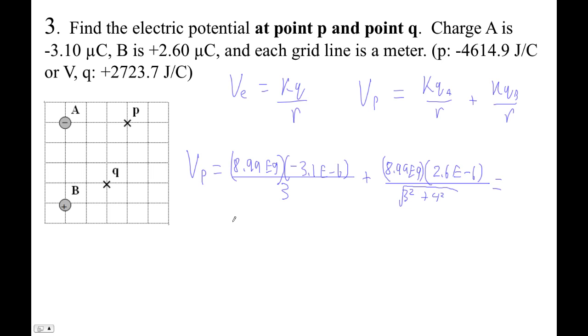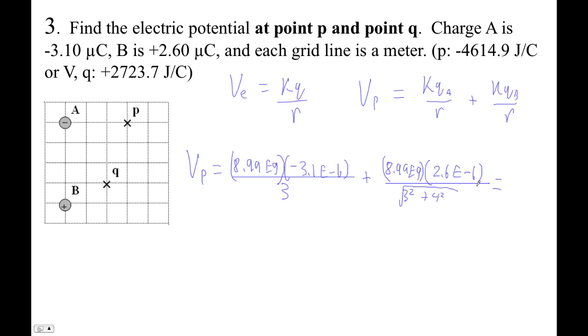So 8.99 E9 times negative 3.1 E minus 6 divided by 3, plus 8.99 E9 times 2.6 E minus 6 divided by the square root of 3 squared plus 4 squared, which would just be 5.